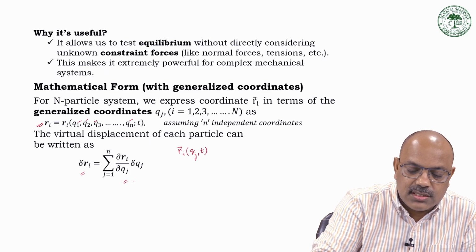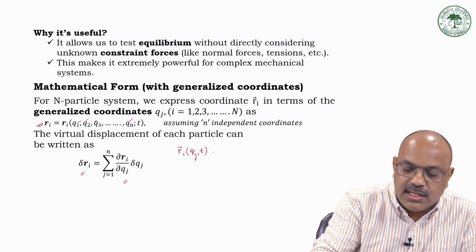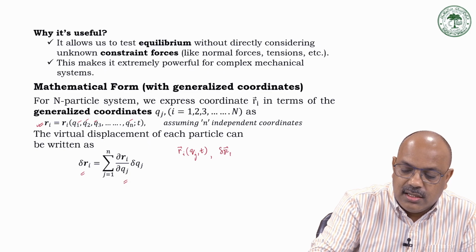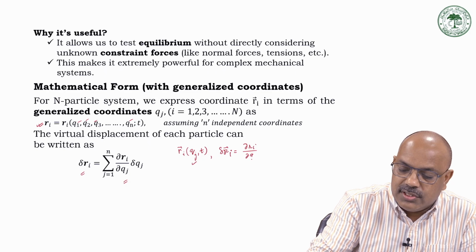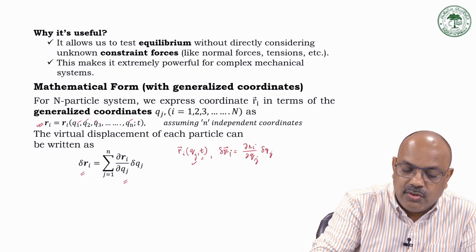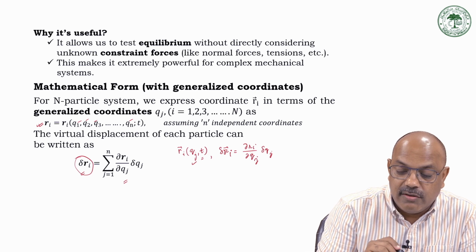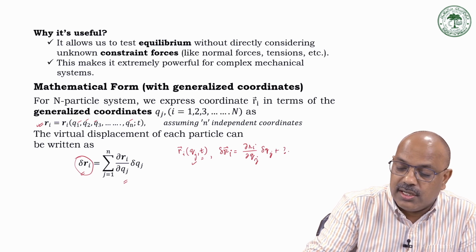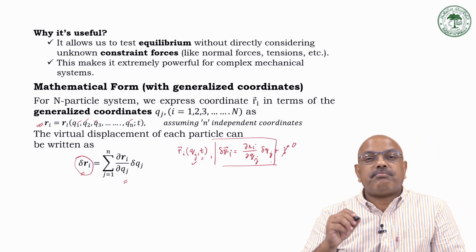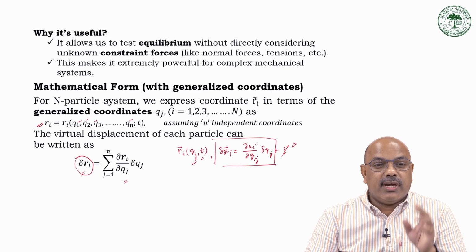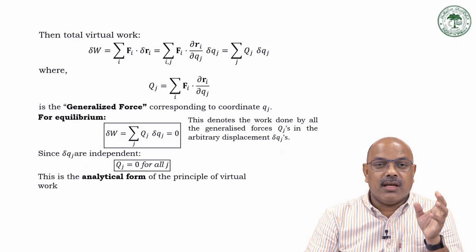So I can write delta Ri as the partial derivative of Ri with respect to qj, times delta qj. It depends upon t also, but since we are defining a virtual displacement, it is independent of time, so the time component is going to be 0. So we define the generalized coordinates, and then we define this virtual displacement.